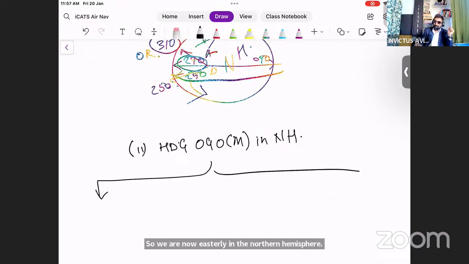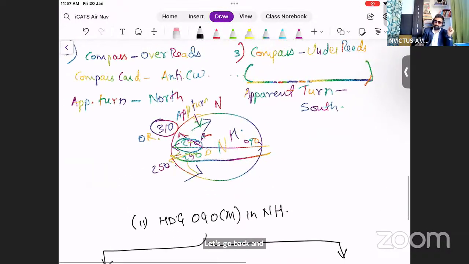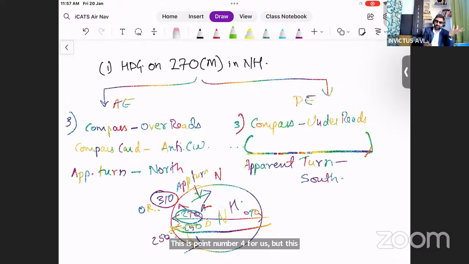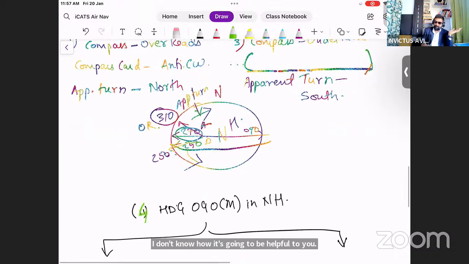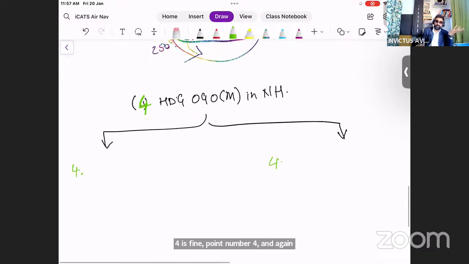Let's go back and study what is the impact. This is point number 4 for us. Or this 1 that you have written, you can just write 3 also, like 3.1. 3 is fine, I think. Yeah, and here you can write 4 like this. 4 is fine. Point number 4. And again, individualized point number 4 like this.